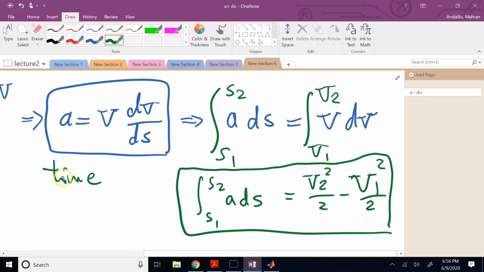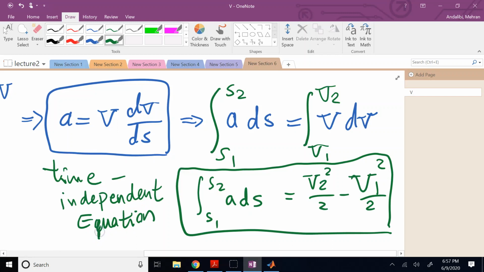This time-independent equation is going to give us the answers mostly when time is not a matter of concern.